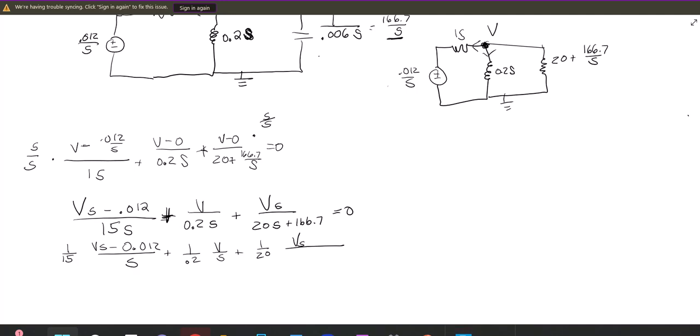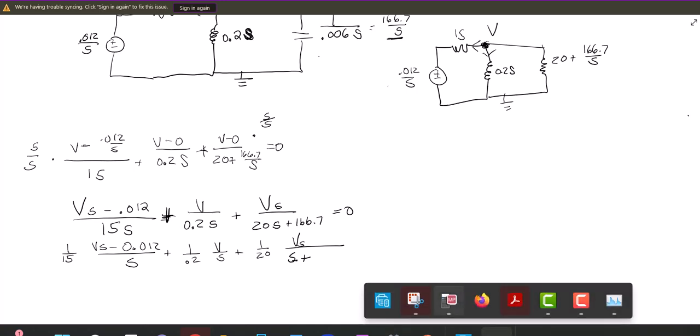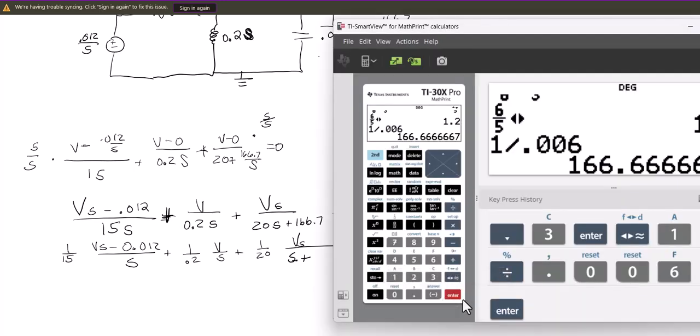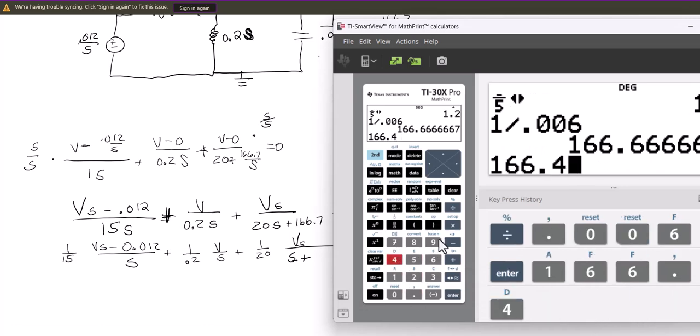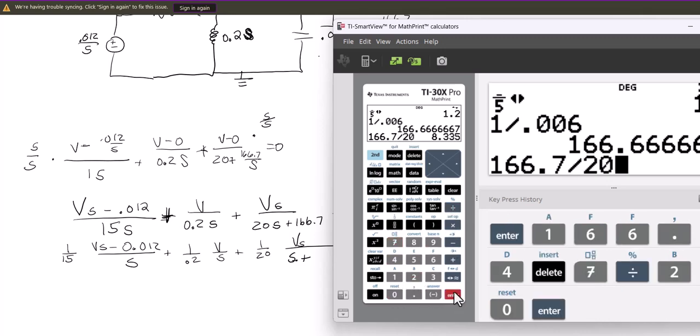Maybe it's my pen that's causing problems. s plus, now I factored out a 20, so I need to divide that 166.7 by 20. 8.335.